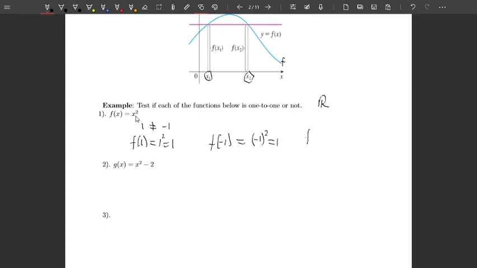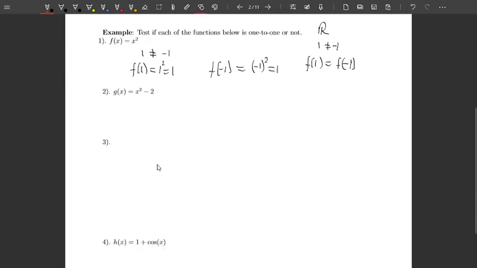That tells me that f of 1 is equal to f of -1. However, 1 is not equal to -1. So the function defined by f of x as x squared is not one-to-one.